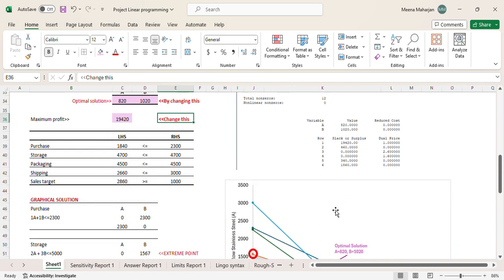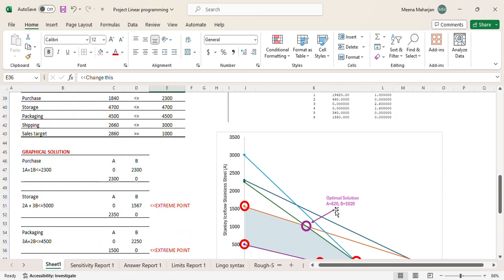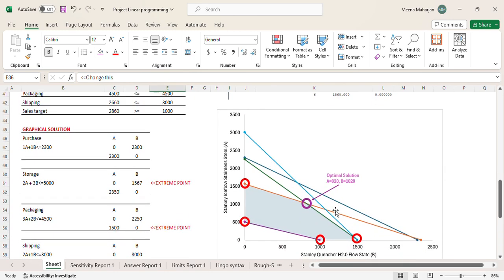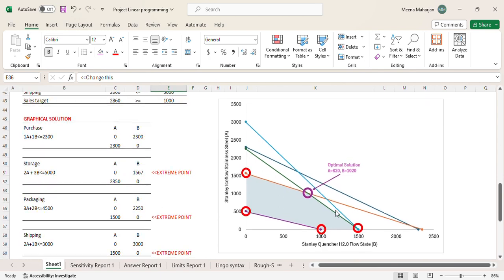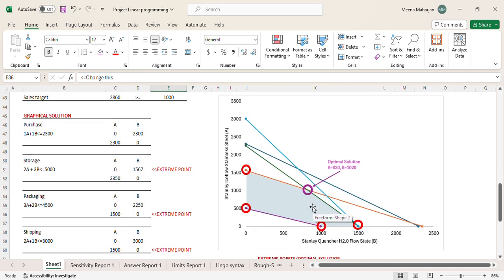So now let's visualize the solution graphically to understand the problem.